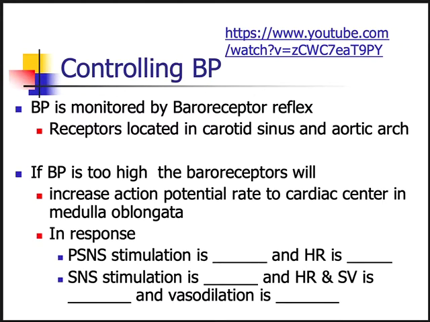In response, the medulla oblongata is going to stimulate the parasympathetic nervous system, and that will reduce your heart rate. Okay, so parasympathetic nervous system stimulation will be increased. So in this first blank, you're going to say increase stimulation to parasympathetic nervous system, increase, and then for the heart rate, you're going to decrease.